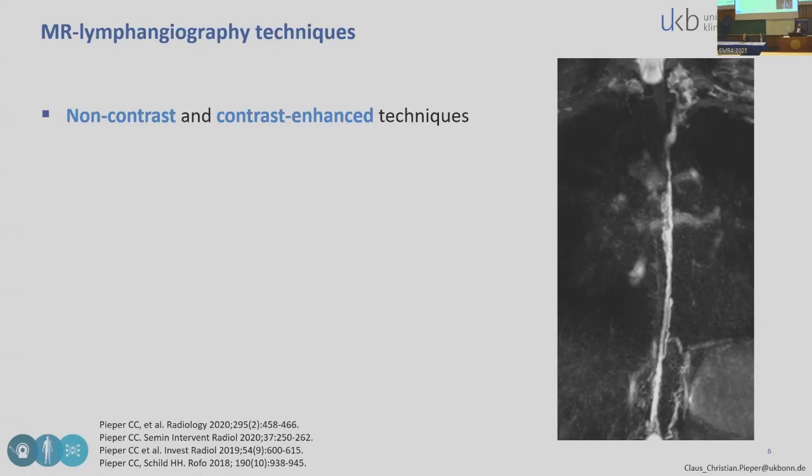But you can do a non-contrast imaging with heavily T2 weighted high-resolution 3D images, as in this case of depiction of the anatomy of the thoracic duct, which obviously doesn't give you any flow information.